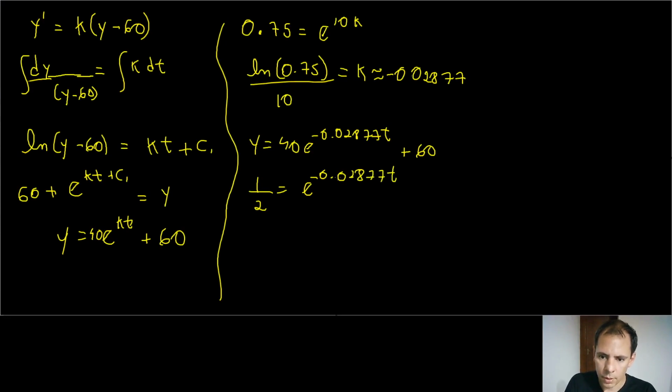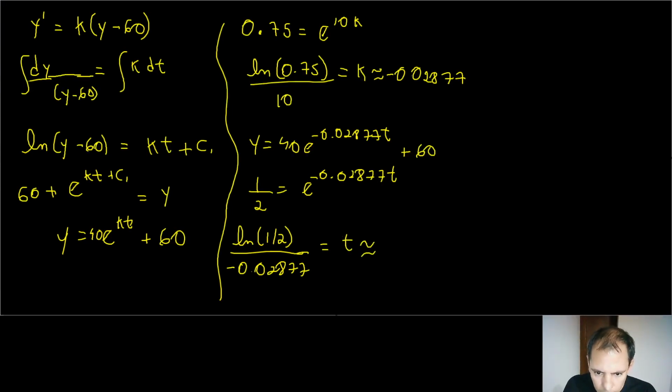Okay, taking the ln on both sides, ln of half equals this. So it's going to be divided by minus 0.02877. T is equal to this, which is approximately 24.09.